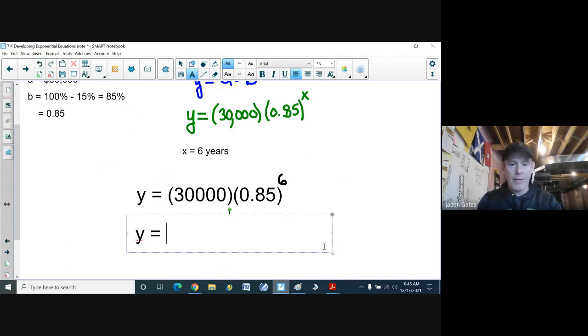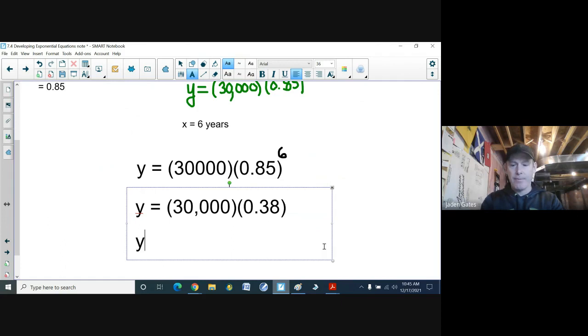Let's check it out. Y equals, following Bedmas, my $30,000 car, and now I take my 0.85 to the power of 6, and I end up with 0.38, to 2 decimal places.